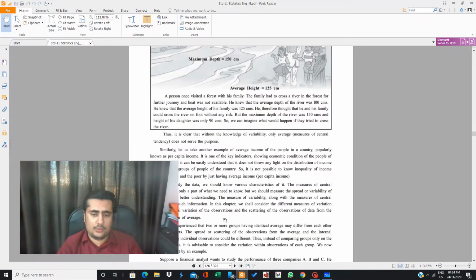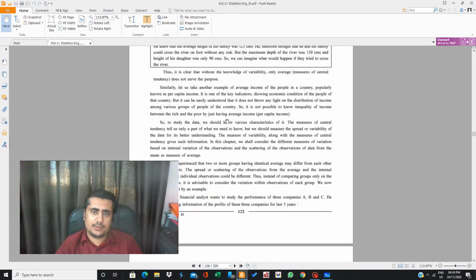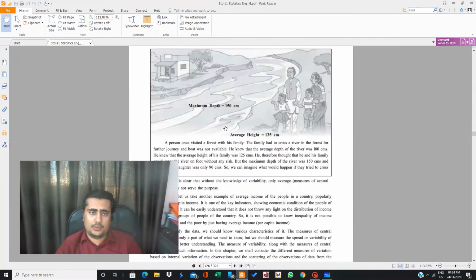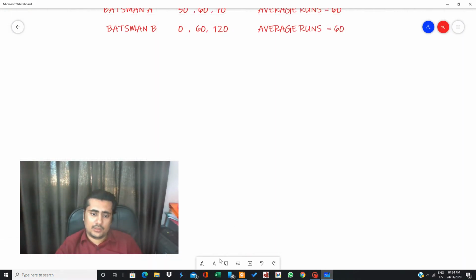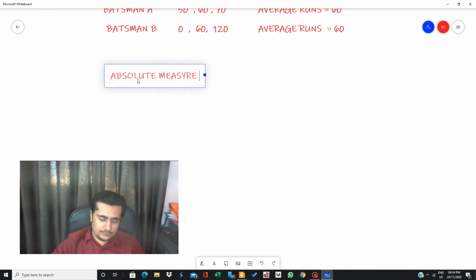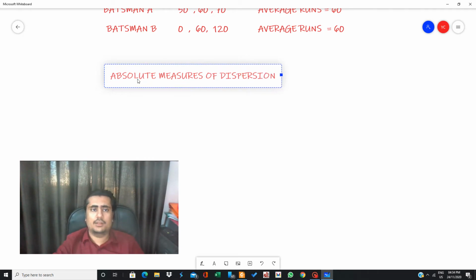Now you have some formulas here, and you have two kinds of dispersion: absolute measures of dispersion and relative measures of dispersion. Now, what are absolute and relative measures? One is absolute measures of dispersion.